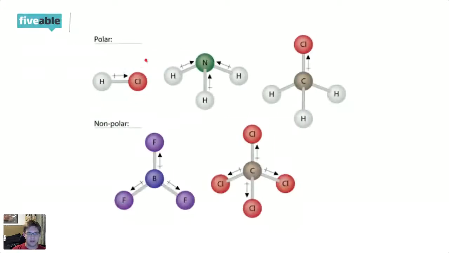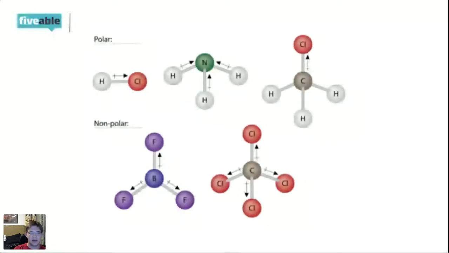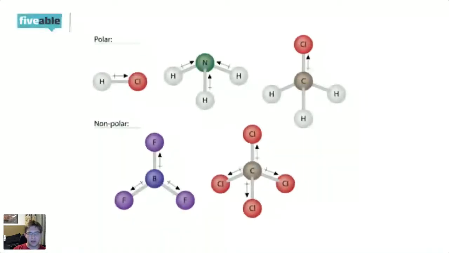You'll have a negative side over here and a positive side over here. Same thing with ammonia, right? Nitrogen pulls on those electrons a lot harder than does hydrogen, and so you see the electrons being pulled this way, and you'll see a negative side over here and 3 positive dipoles right there. Same thing with chloromethane. You'll see the dipole going this way because chlorine, again, pulls on those electrons.